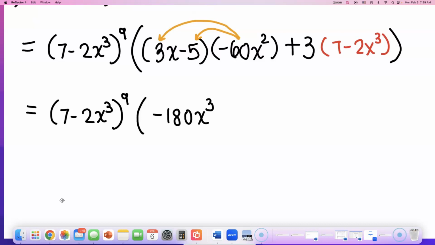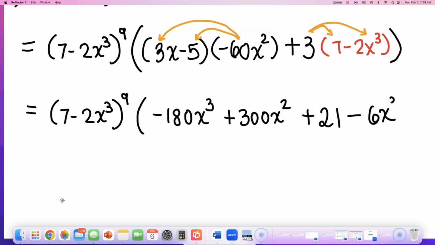And then I will have plus 300x squared. Alright? And then I'll distribute this 3. If I distribute this 3, I will get plus 21 minus 6x cubed, right? And I see some like terms now.